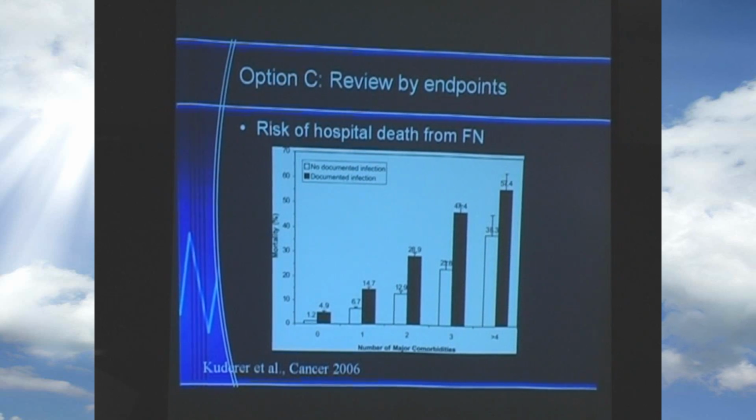And I mean, it's not a total surprise, but you can see the graph. It's fairly impressive. If you have a large number of major comorbidities, it's a bad thing to get febrile neutropenia. So it's an argument to give, for example, Neulasta to these patients upfront. You really want to prevent that febrile neutropenia.